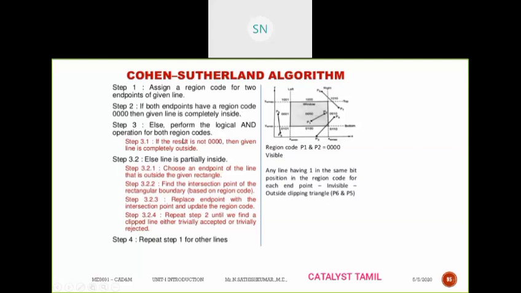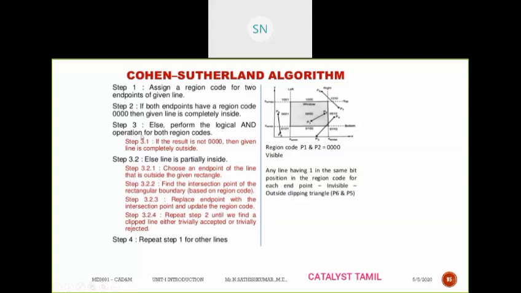Suppose one of the digits is 1, so the four digit code is not completely 0, then we could assume that some part of the line is partially crossing the border. Then we have to notice that point and perform the clipping operation. Before performing the clipping operation, we must find the intersection point, and then we should apply the clipping algorithm.